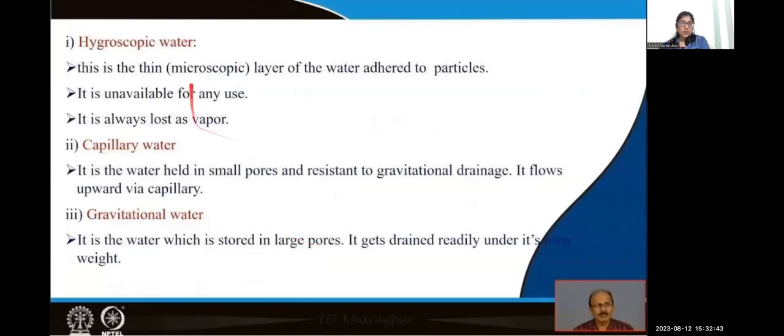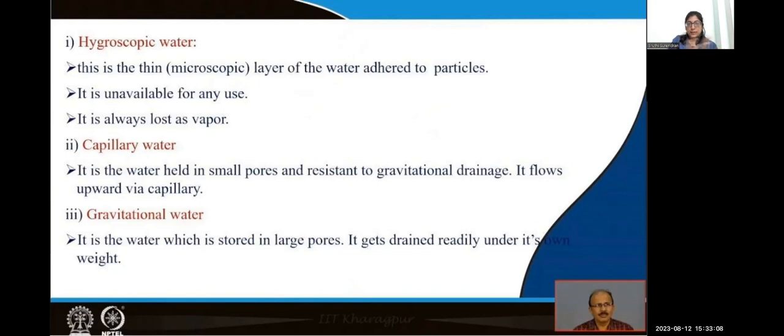So in this zone, hygroscopic water is nothing but the layer of water that is closely attached to the particles and which cannot be removed as a result of gravity. At times it is lost as vapor, but it is unavailable for any use. Roots cannot absorb this water from the soil because it is very closely attached to the particles.